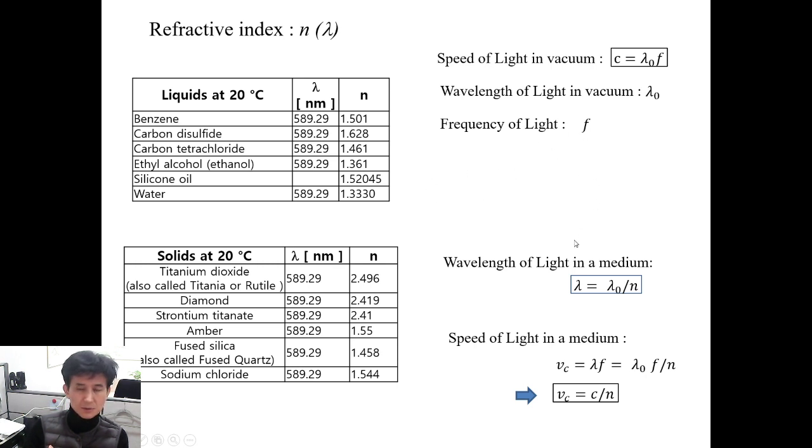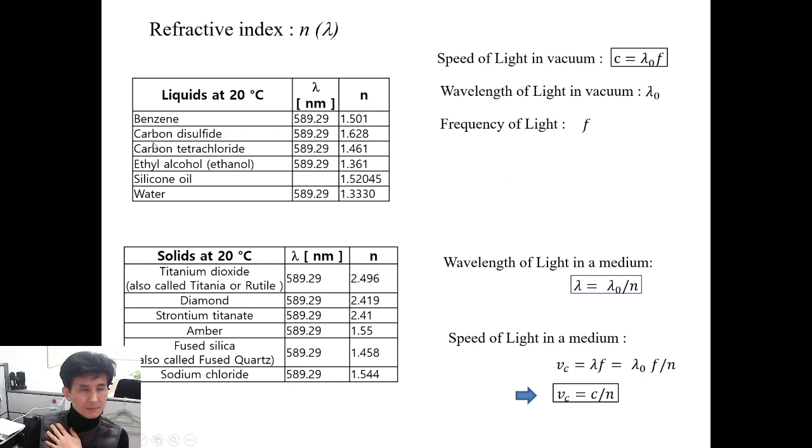If it travels through a medium, the frequency of light does not change, but the wavelength changes to lambda equals lambda 0 divided by n. N is the refractive index. Refractive indices of many materials have different numbers. For a vacuum, n becomes 1.